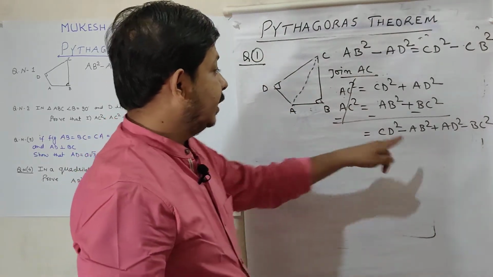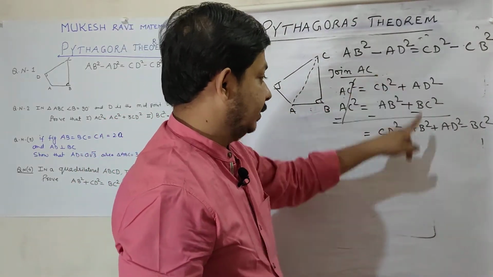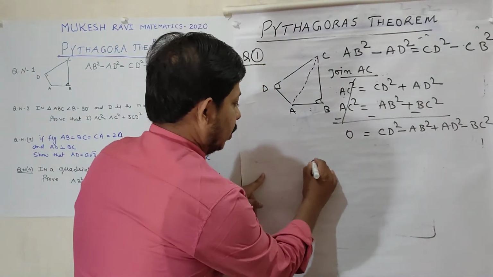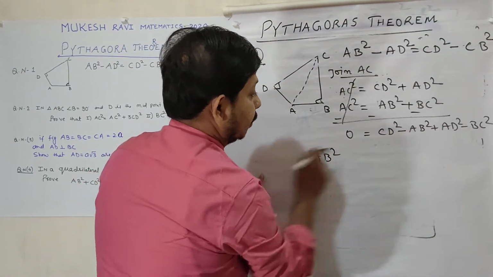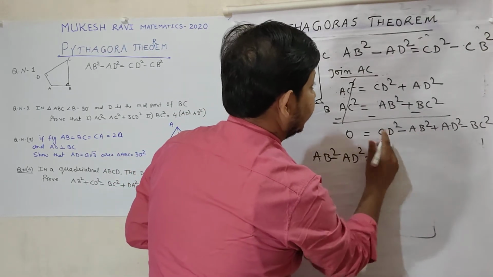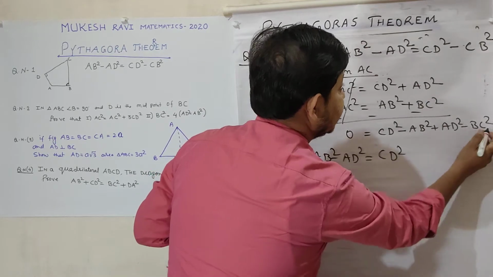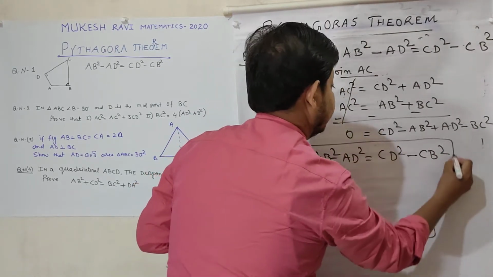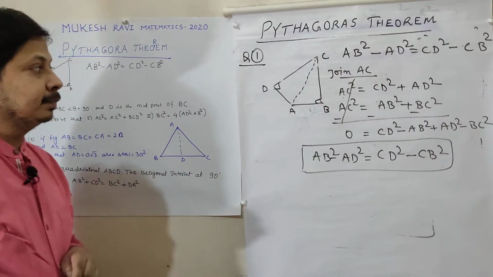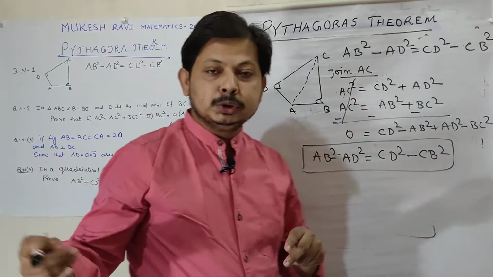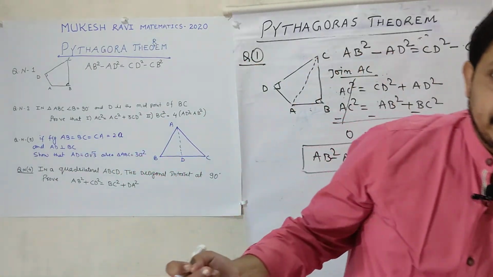Now AB square minus AD square: this AB will come this side, this AD will come this side. So AB square minus AD square is equal to CD square minus CB square. Proved. First question. So a very easy way to use the Pythagoras theorem.